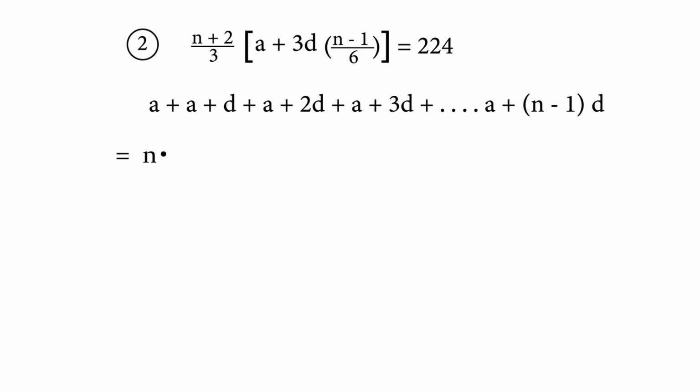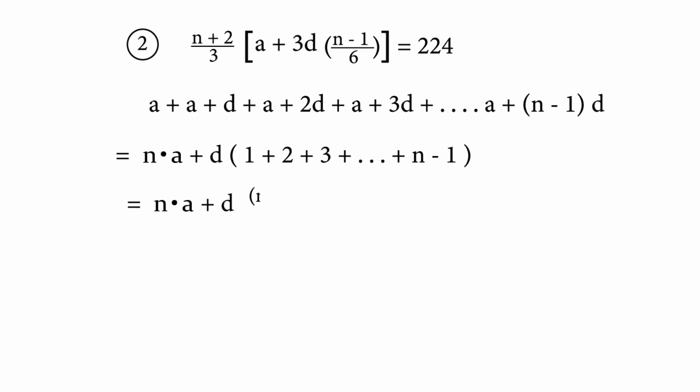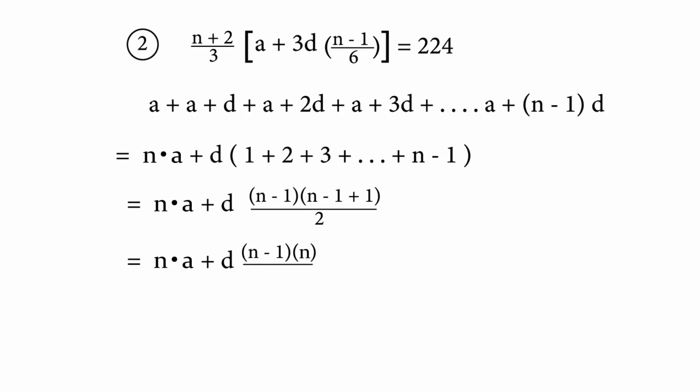So this is going to be n times a plus, factor out a d, and you get 1 plus 2 plus 3 plus all the way up until n minus 1. And then this will be n times a plus d times (n minus 1)(n minus 1 plus 1) all over 2. And this looks like n times a plus d times (n minus 1)(n) all over 2.